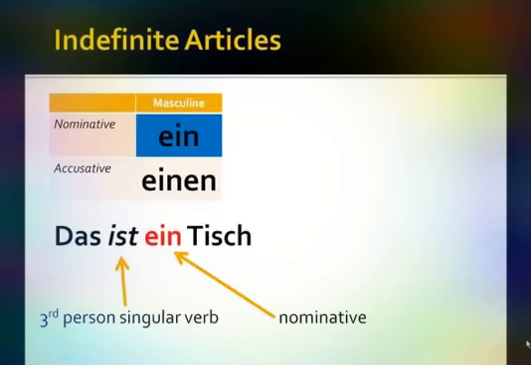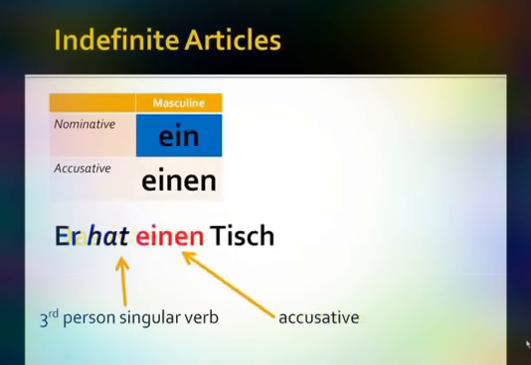Das ist ein Tisch. Now, I want to take this noun and move it into an accusative environment. To do that, I'm going to introduce another noun, a pronoun, a person who actually does something in the sentence, and that's going to be the pronoun er. Er hat, he has. Well, what does he have?